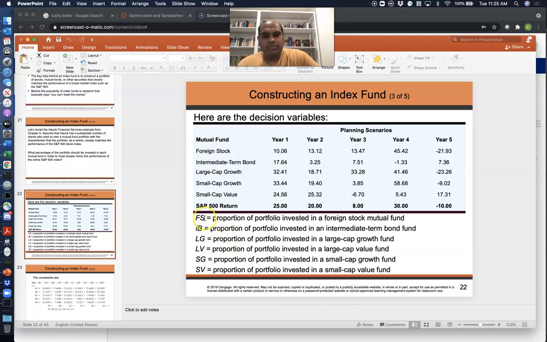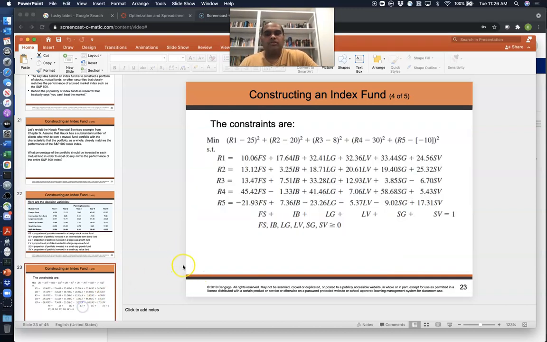So if I say 10%, 10%, 10%, and 20%, 20%, and 30%, or some numbers like that, numbers that add up to 100, what would the total return have been for year 1? What would the return have been for year 2? Return for year 3, year 4, and year 5.